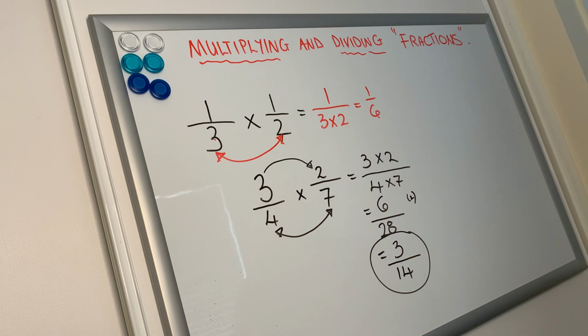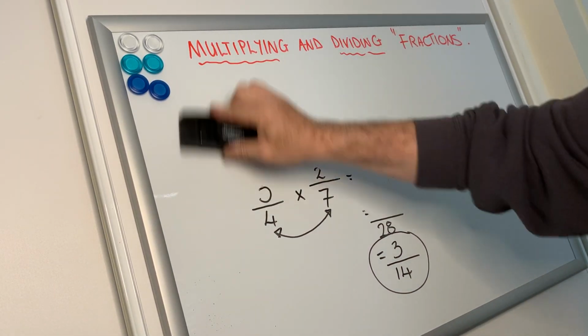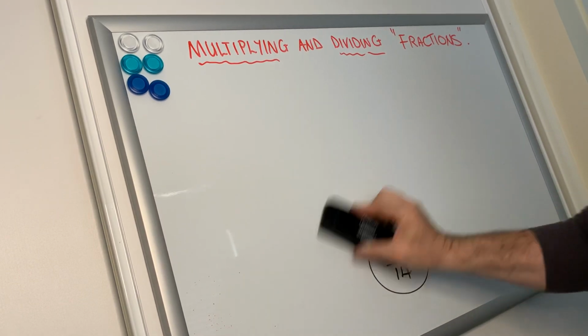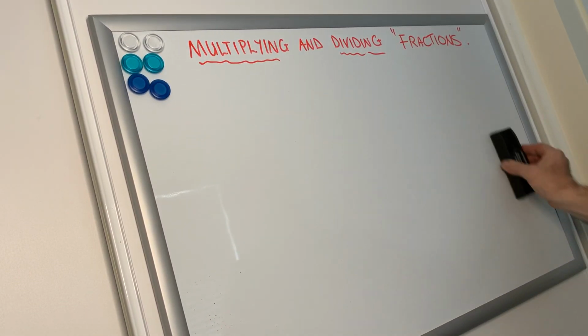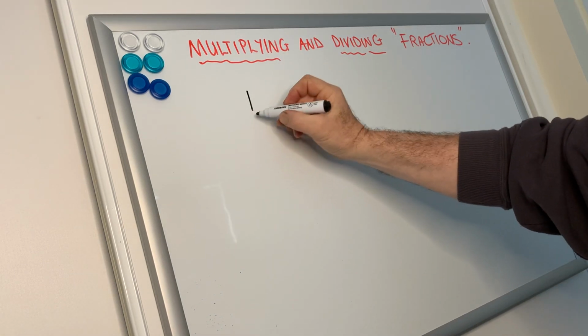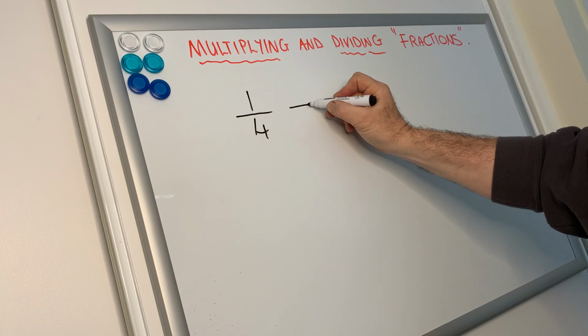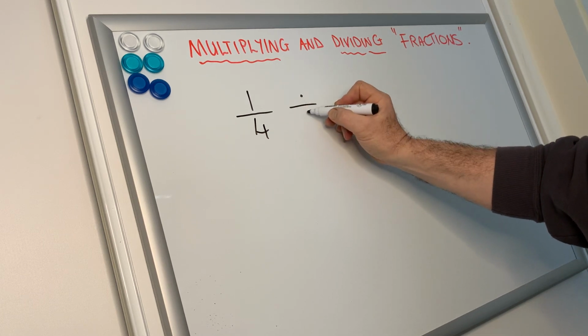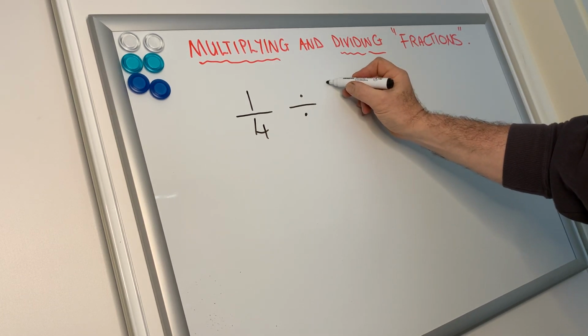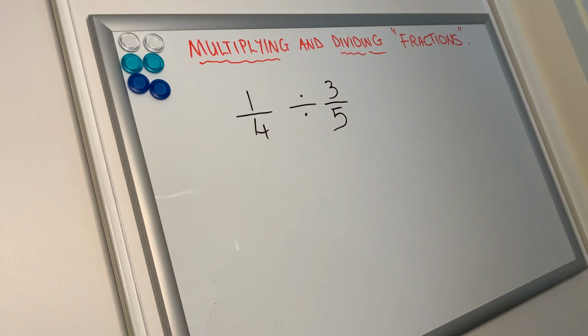Let's have a look at another example. Let's have a look at 1 over 4 divided by 3 over 5.